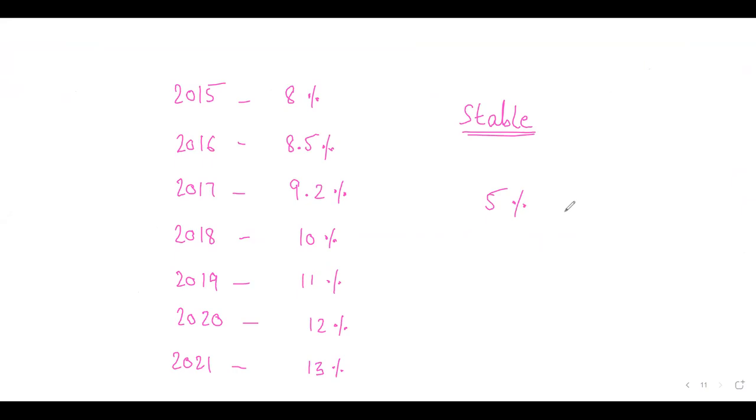The raw material, like the stationery items that we might be buying, those will be 5% expensive. The wages that we'll be paying to our workers will be 5% higher, and things like that, right? Electricity expenses will be 5% higher. So when we price our products, we will be more accurate in making our decisions, right? Because we have done accurate calculation of how much rise in prices will be.